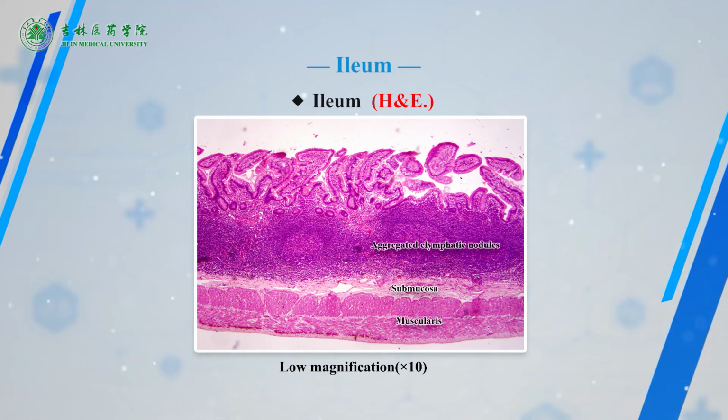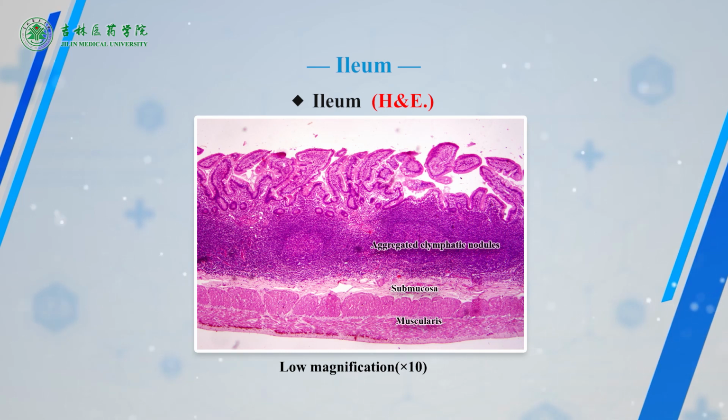Distinguish the four-layer structure of the ileum. The intestinal wall at low magnification is similar to the jejunum. It is characterized by small plicae circulares, with villi that are low and sparse.